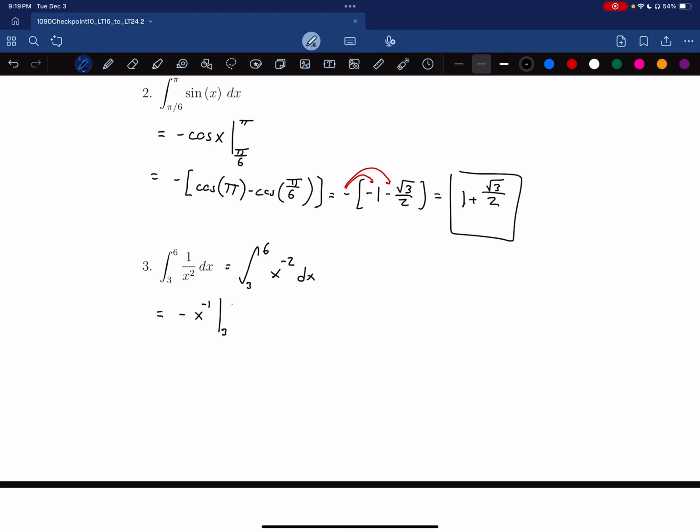And that's from 3 to 6. So I'll have negative. I'll plug in 6. 6 to the -1 power is just 1 over 6. Subtracting 3 to the -1 power is 1 over 3. 1/6 minus a third is -1/6, but I have this negative out in front. So the final answer is 1/6.